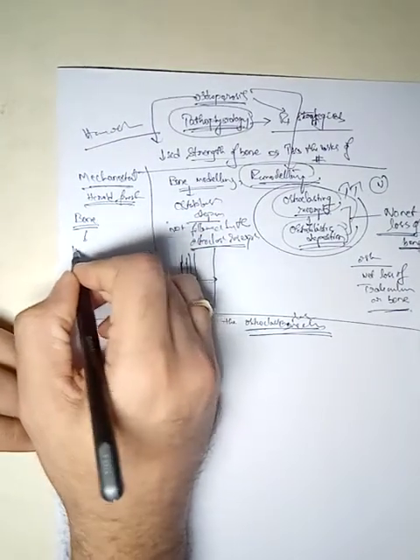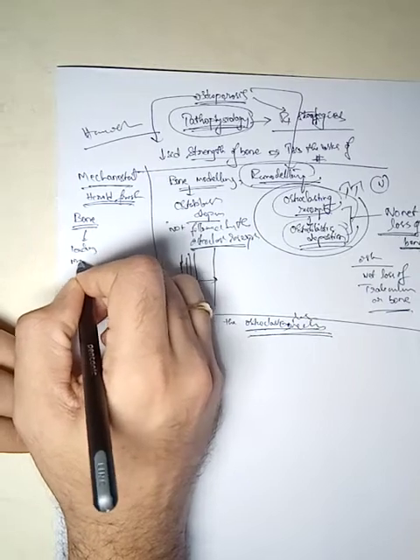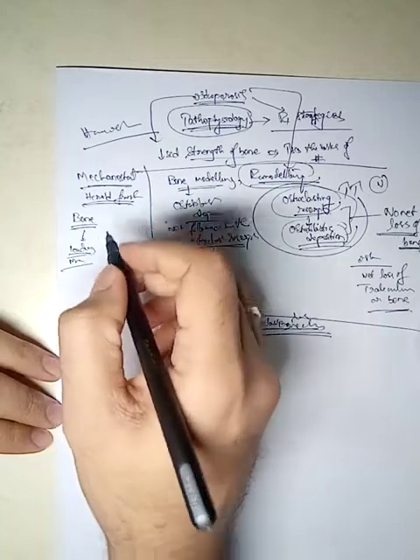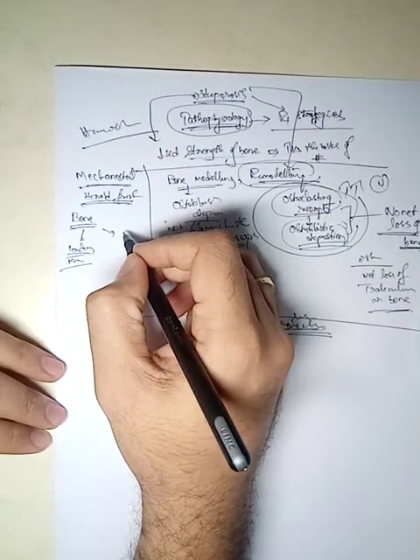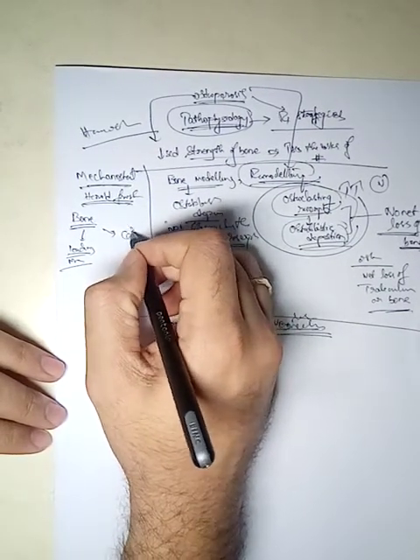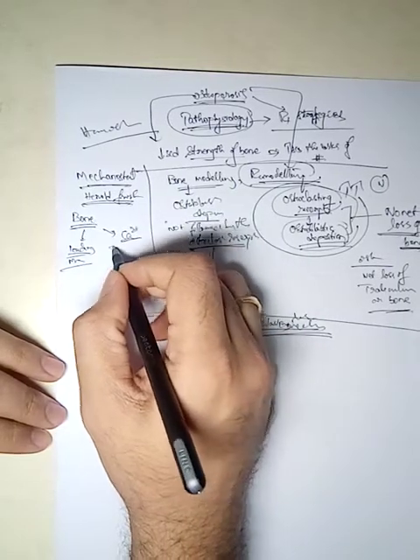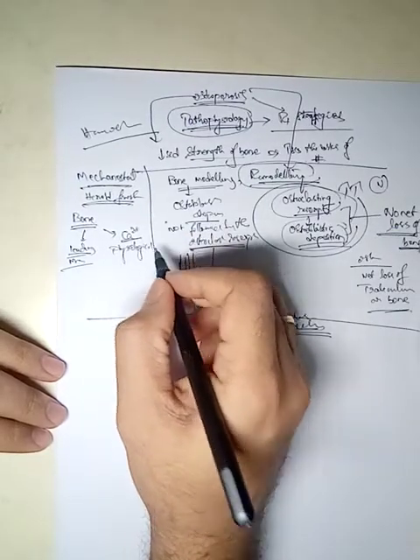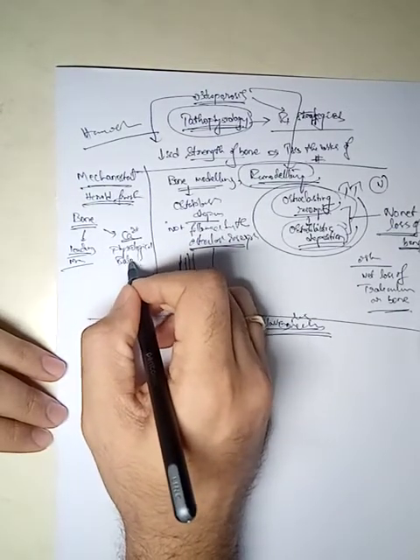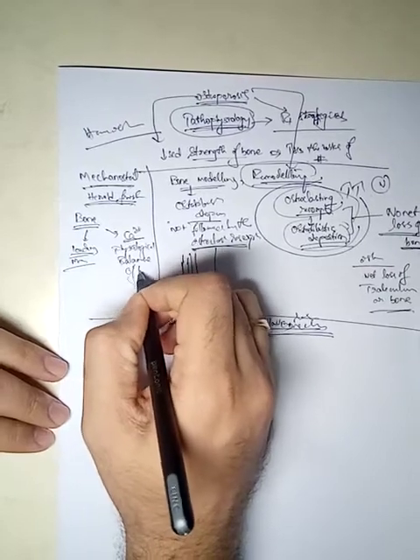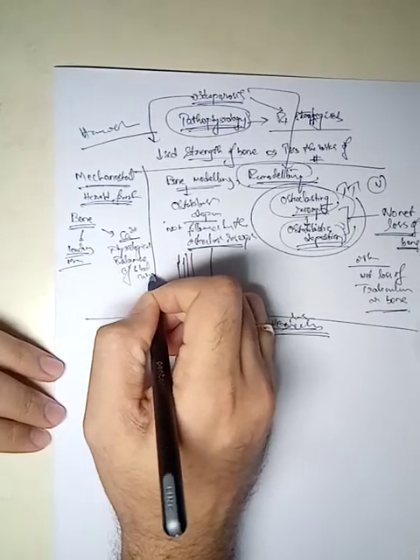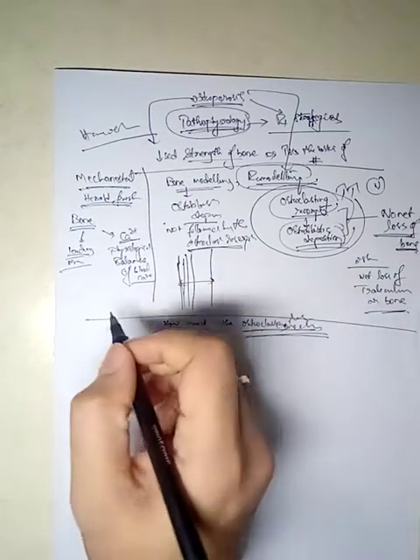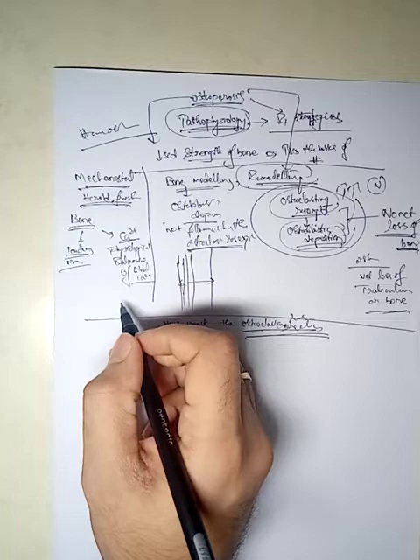One is a loading or mechanical thing which it has to withstand, and the second thing is bone is the main reservoir for calcium, so it has to maintain the physiologic balance of blood calcium to support the various physiological functions.